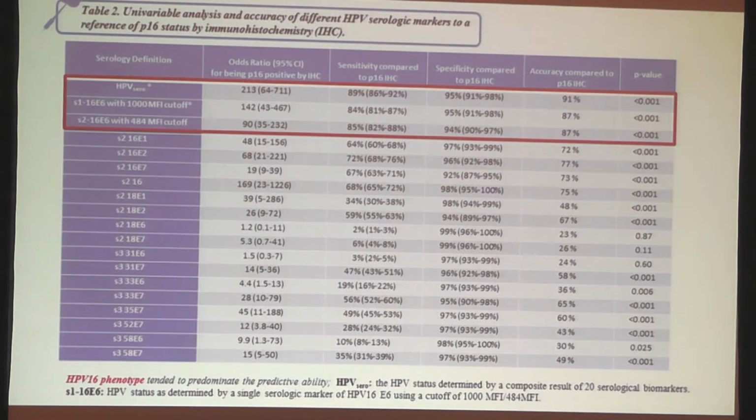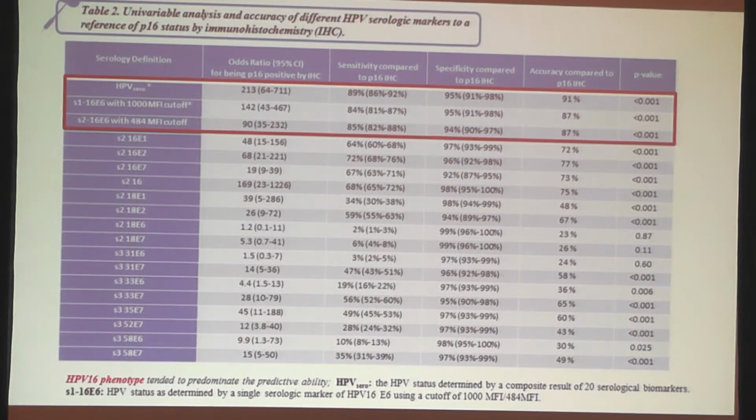I want to explain the abbreviation in the first line, which is the composite HPV serological results. This result is defined by the DKFZ lab, which created the definition for HPV status in serological testing.